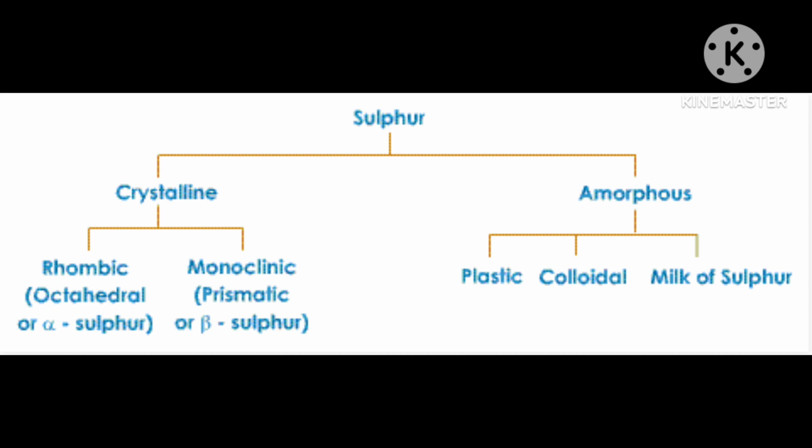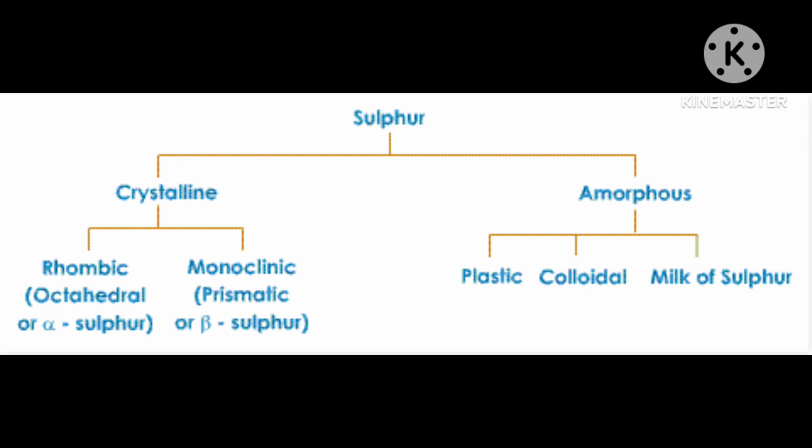This form of sulfur is prepared by melting rhombic sulfur in a dish and cooling till a crust is formed. Two holes are made in the crust and the remaining liquid is poured out. On removing the crust, colorless needle-shaped crystals of beta sulfur are formed.